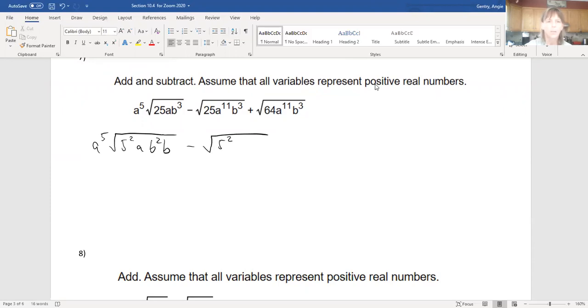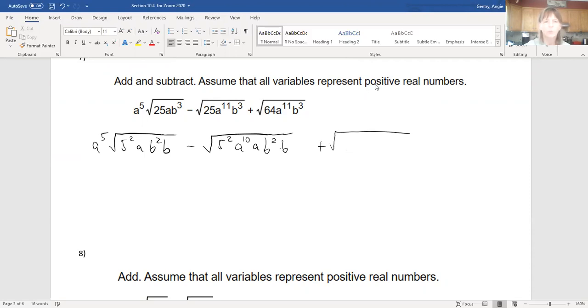Now, I'm going to split the A to the 11th into something evenly divisible and close as I can to the 11. A to the 10th times A is A to the 11th, true. And I'm going to go ahead and do the B squared B thing, because I was already there.